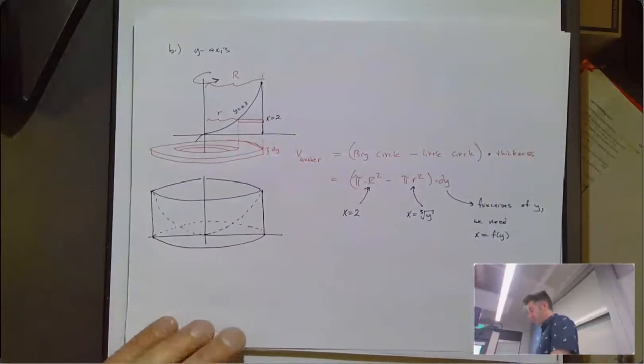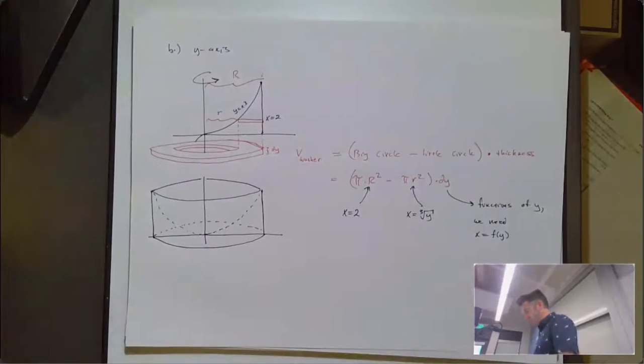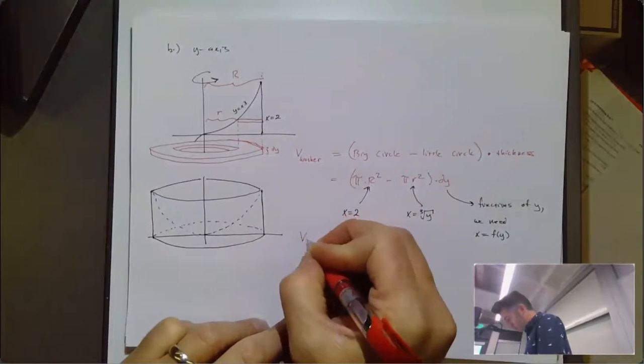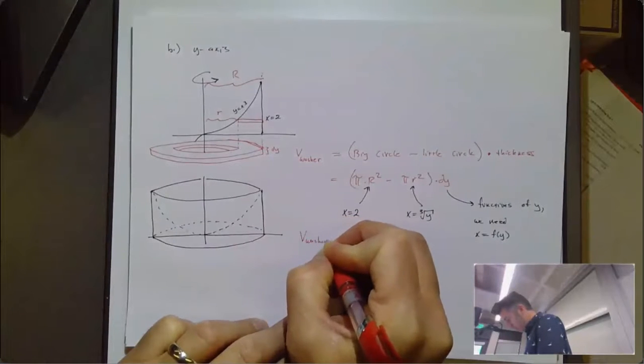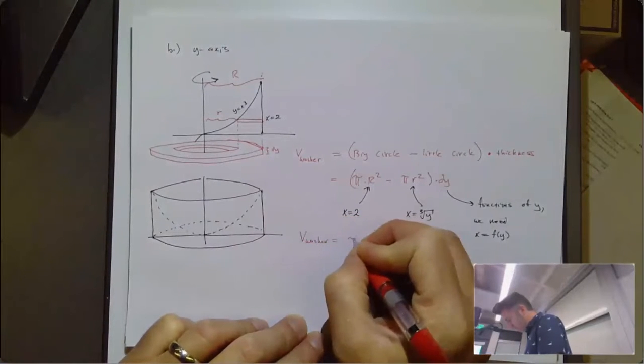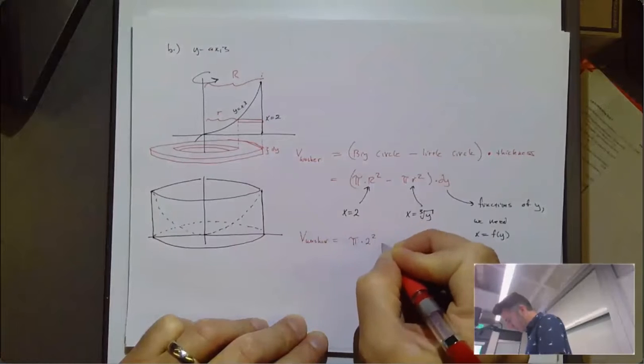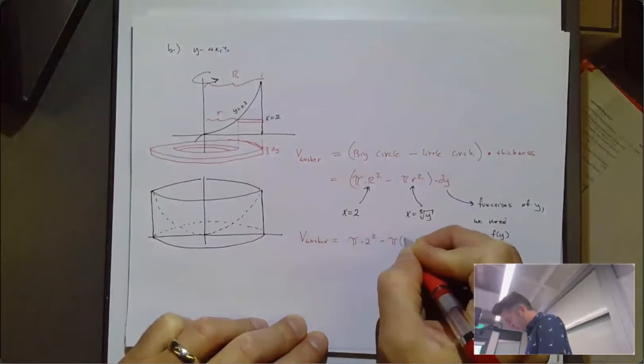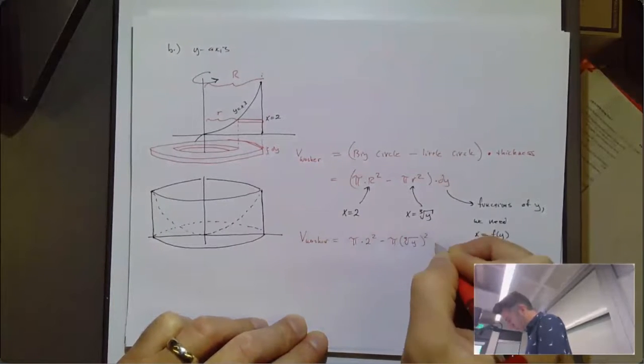So then we can write that the volume of our washer is going to equal pi times 2 squared minus pi times the cube root of y squared, all times dy.